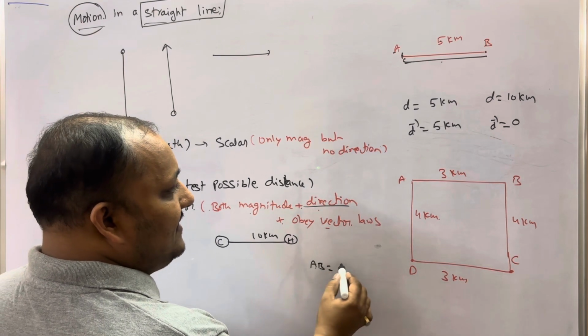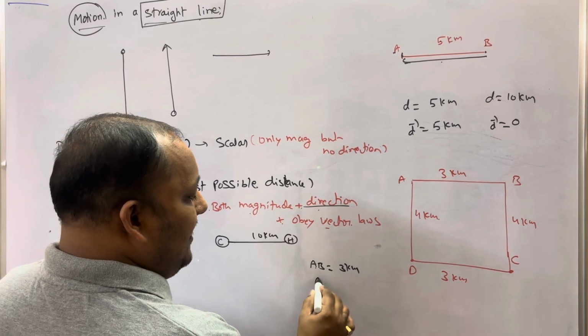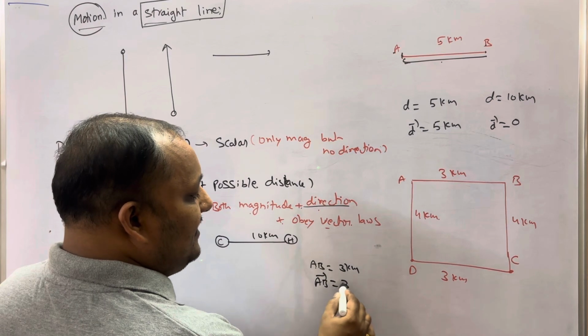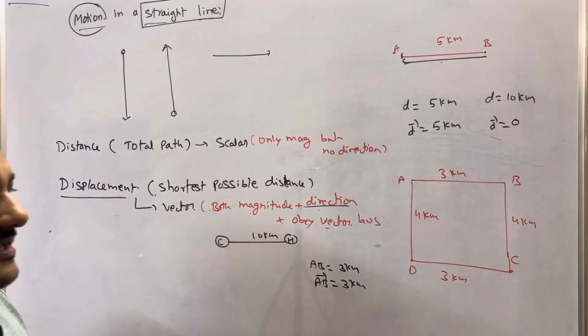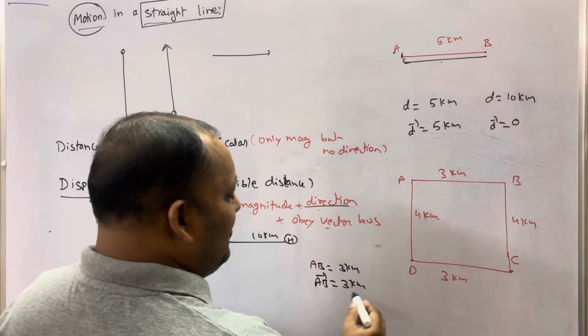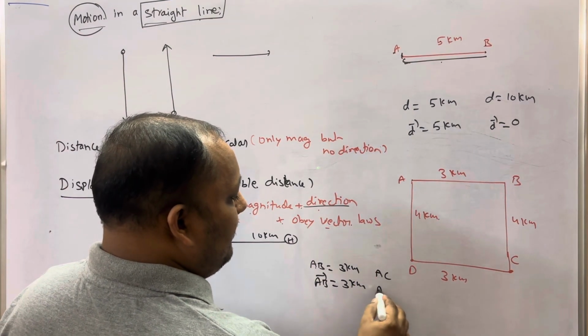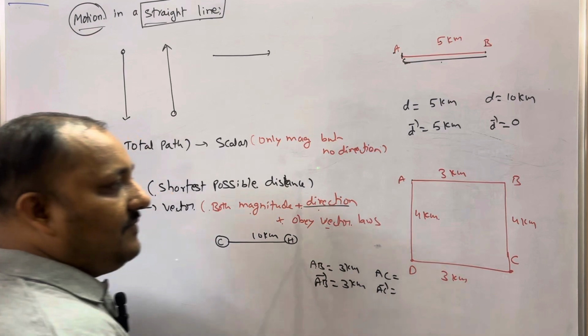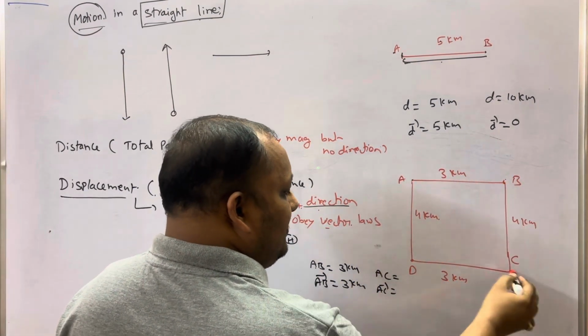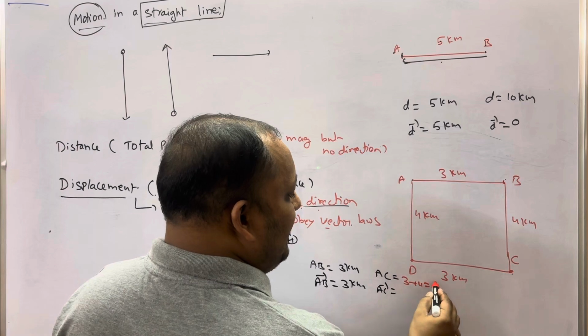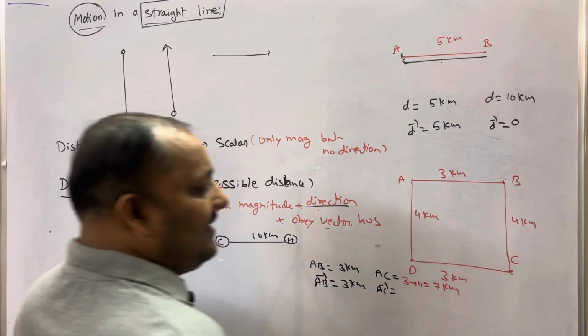AB I am writing means distance, AB bar if I am writing, that is displacement. From A to B both distance and displacement are the same. Next A to C. So A to C, what is the total path? A to B 3, B to C 4. Therefore 3 plus 4, 7 kilometers.